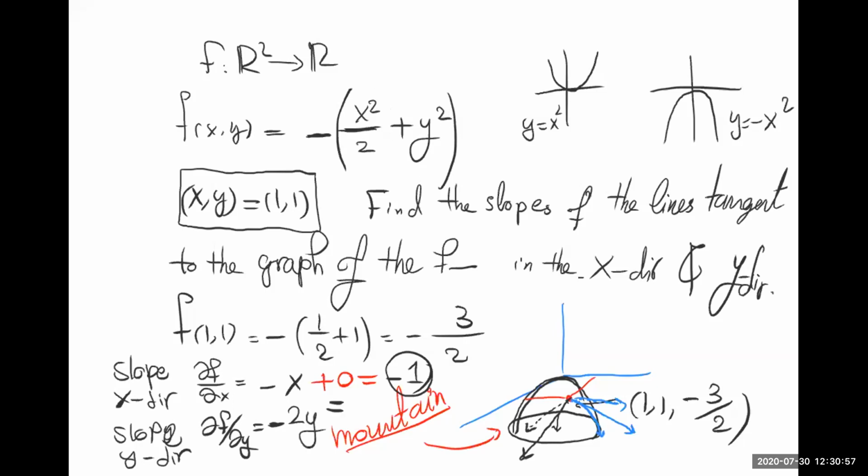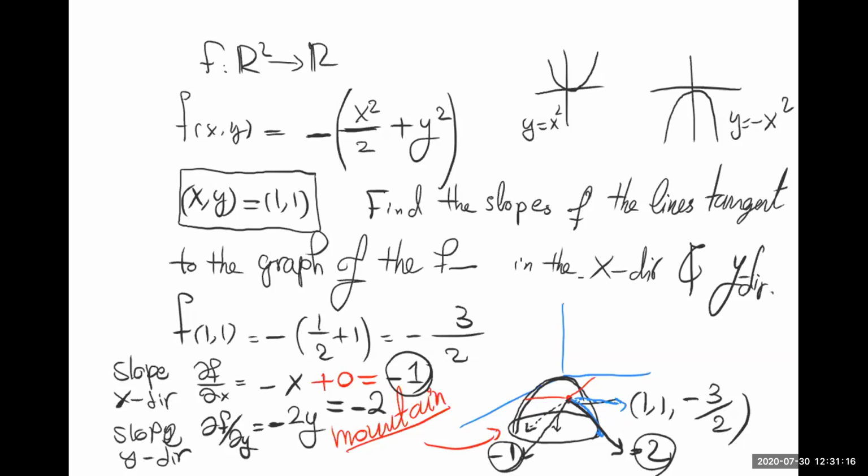And at that point (1, 1), y is 1, so the derivative would be minus 2. So if you walk in the y direction, the derivative you would feel would be minus 2, which is different. If you walk in the x direction, the derivative is minus 1. The minus sign here means you are going down.